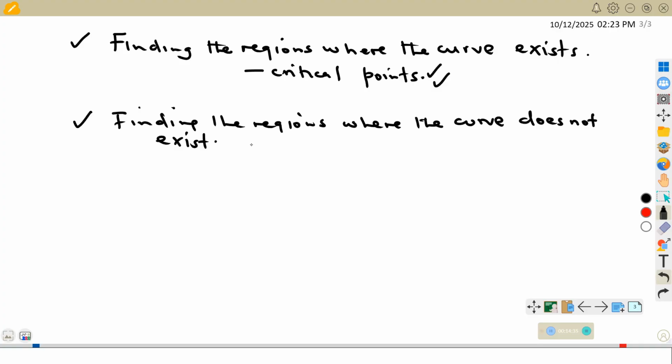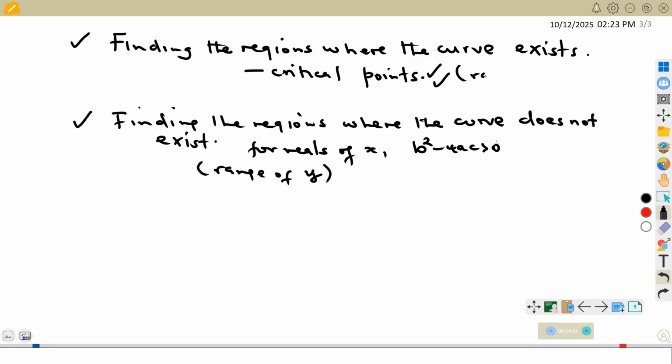Then you put for the real values of x, for which b squared minus 4ac is greater than or equal to 0. Then you solve this, and this will give you the range of y. So here you will be talking about the range of y, and here you will be talking about the range of x.